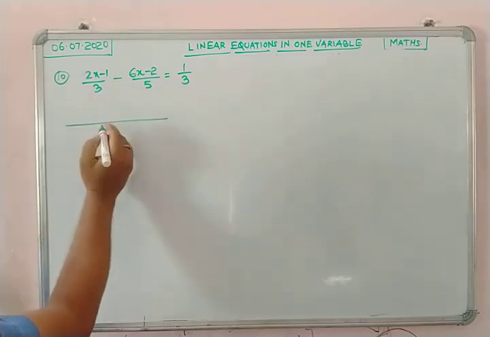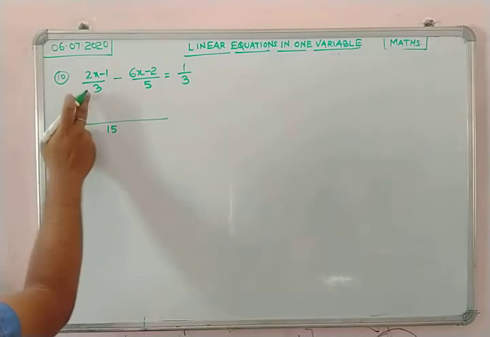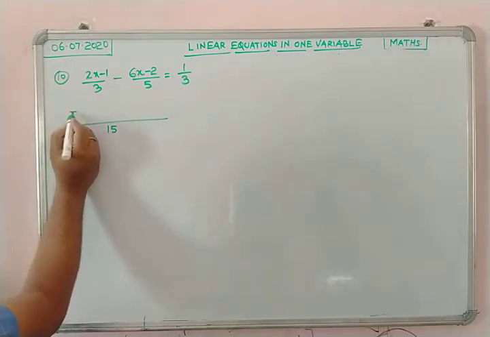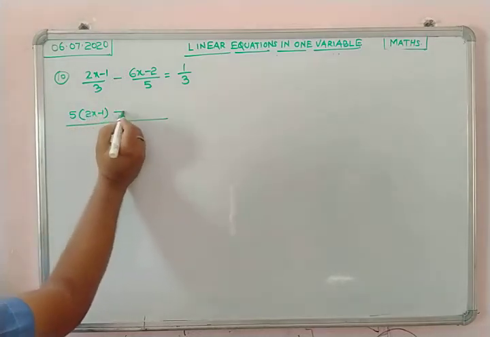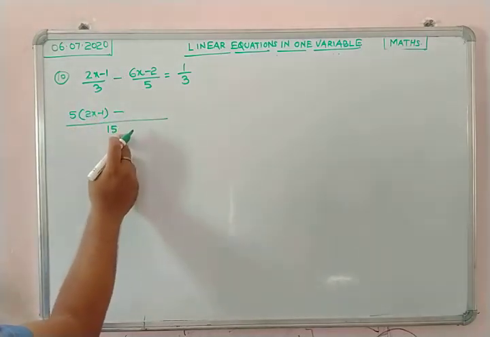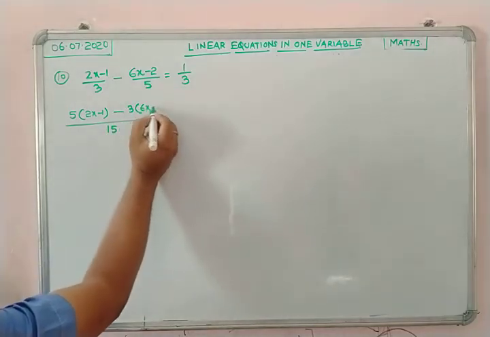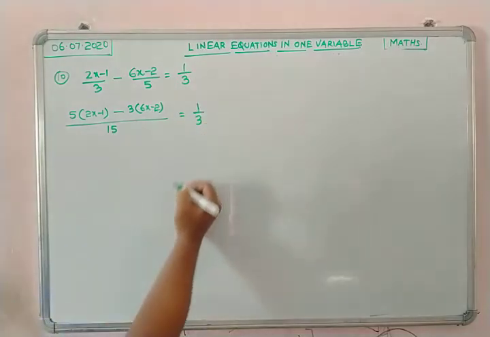So the LCM of 3 and 5 will be 15. 3 5s are 15, so 5 is getting the quotient. So 5 into (2x minus 1) minus, 5 3s are 15, so 3 is going to multiply with the numerator (6x minus 2), equals 1 by 3.